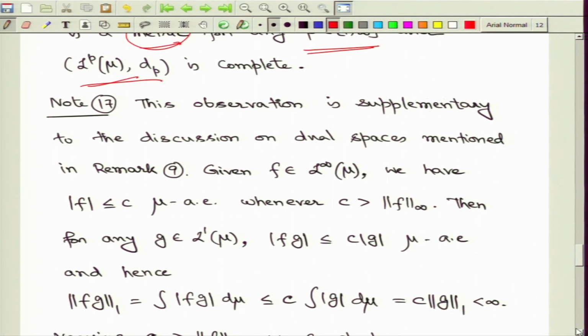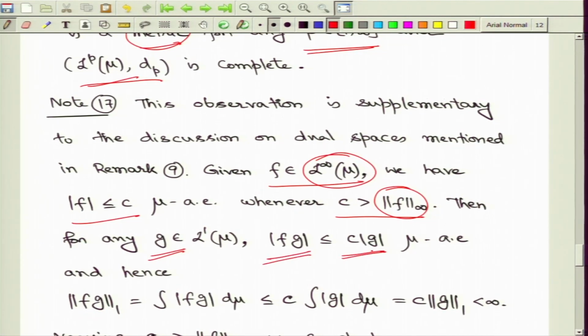So, here we start with a function f in L infinity space on some appropriate measure space omega, F, mu. Again, for shorthand notation we just write the measure. Now, since f is in L infinity, then for any constant c greater than this L infinity norm, we have that modulus of f must be less than or equal to such a constant c almost everywhere. But then what you get is that given any other function g coming from the L 1 space, the modulus of f g is less than or equal to c times modulus of g.